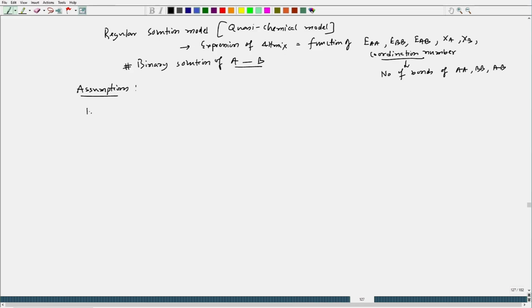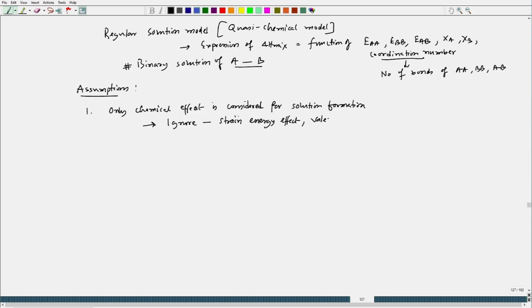Now, the first assumption is that only the chemical effect is considered, and we have to ignore a couple of things like strain energy effect and valency effect.